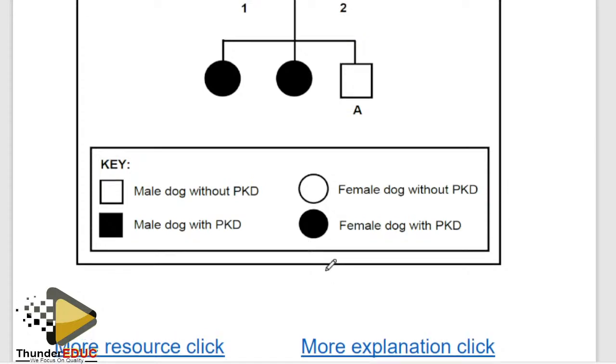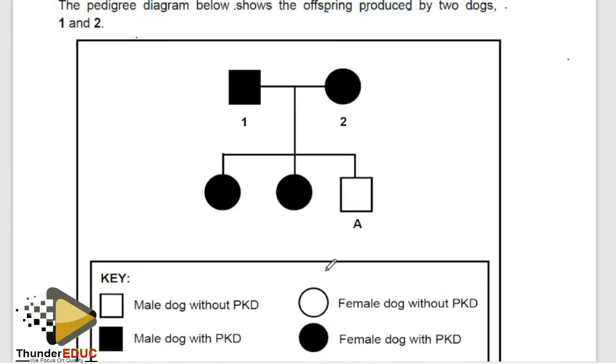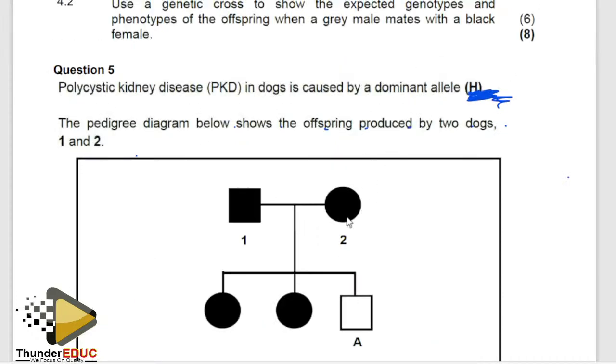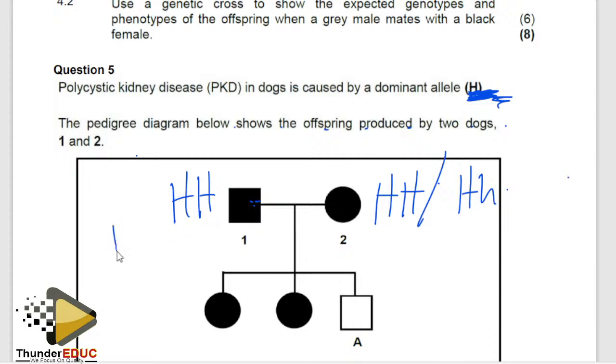So these ones which have the disease are going to be capital H, or capital H, small h. Even this one is going to be capital H. It is a male, but I'm not using X and Y. Whenever there is a capital H, because it's caused by a dominant allele, this individual is going to be sick.